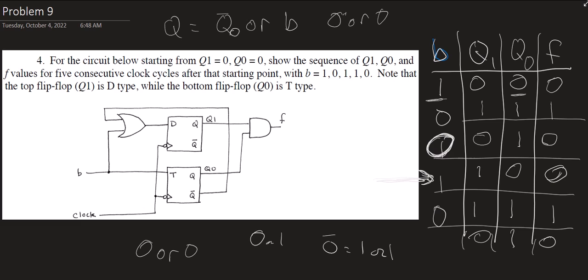Other questions? Would that change anything if it's positive edge sensitive?